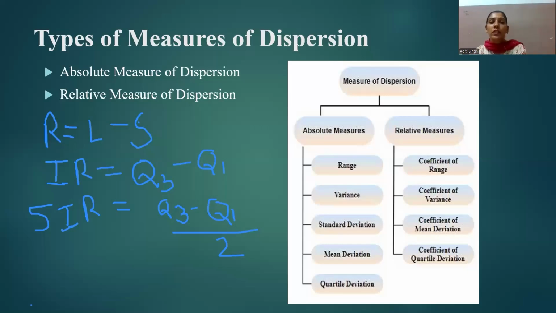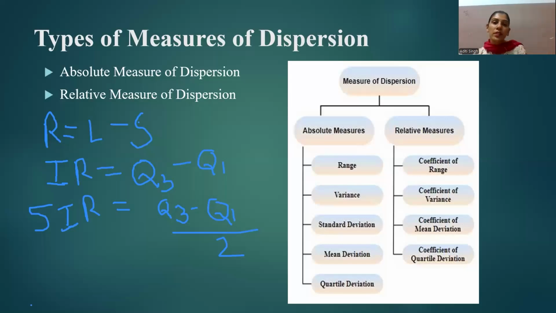Mean deviation is based on all the items of the series. To convert it into a relative measure, which is the coefficient of mean deviation, it is divided by the average after calculating the mean deviation.